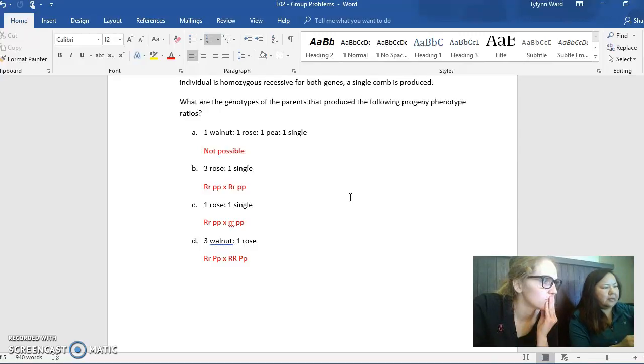So it needs a 1 dominant, but they're both recessive? Yeah, exactly. So that's not possible, right? No. Okay.